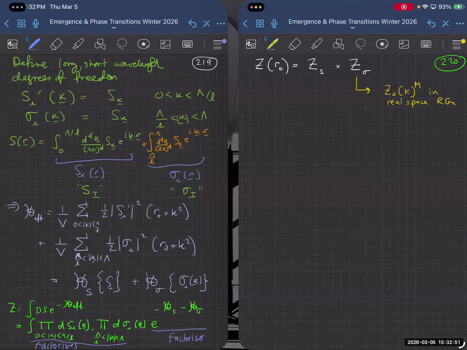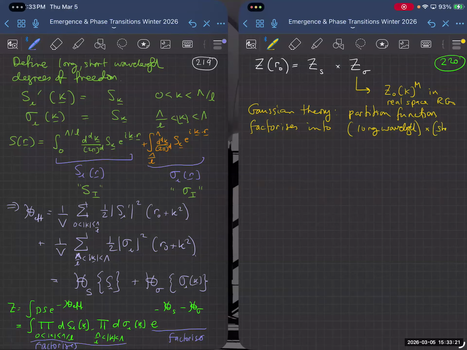Okay, so the point is that in the Gaussian theory, the partition function factorizes into a part that is long wavelength times a part that is short wavelength.